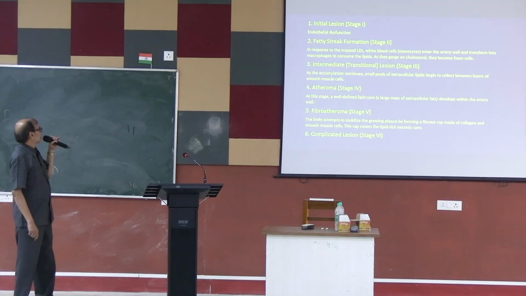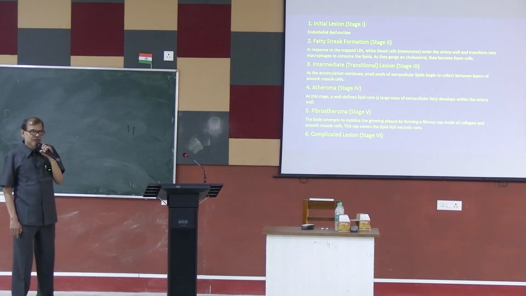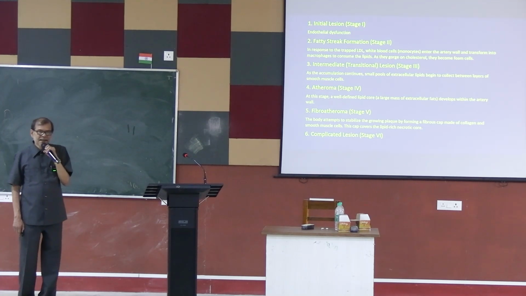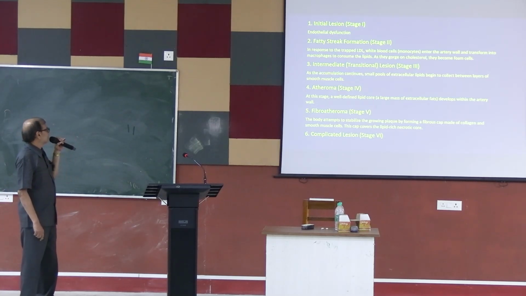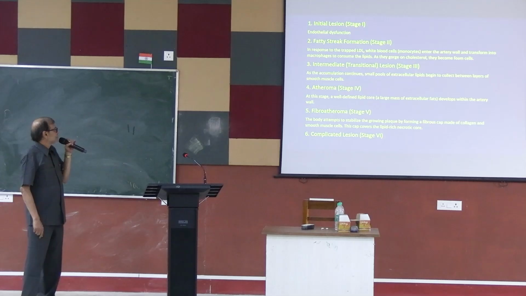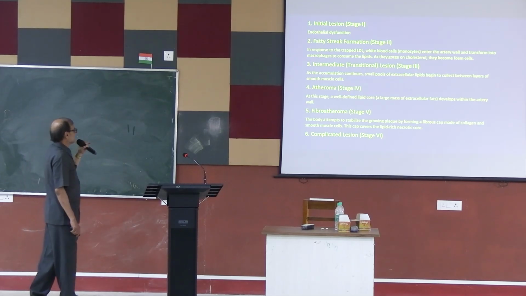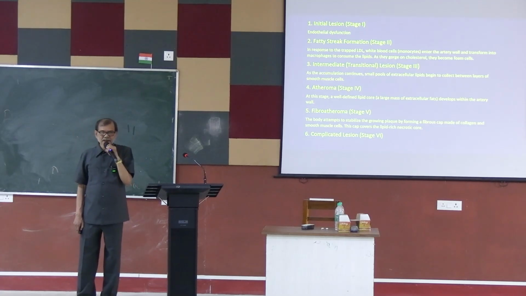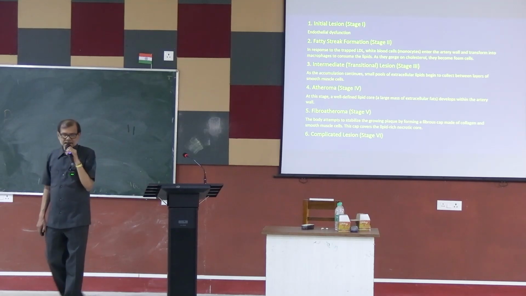Number one, the initial lesion, that is stage 1: endothelial dysfunction and the formation of foam cells, that means lipid-laden macrophages. Stage 2, fatty streak formation, that means incorporation of intracellular and a very small amount of extracellular lipids.